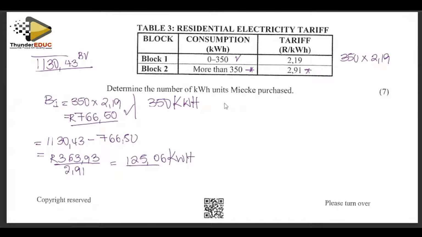Then we add the two. These are the units the person used: 350 coming from block number 1, and the 125 coming from block number 2.